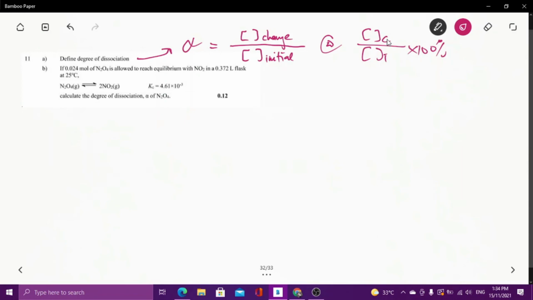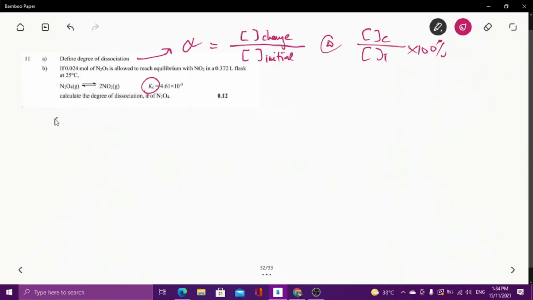So dalam soalan yang macam ni begini, kita akan cuba gunakan juga in terms of ice table, sebab kita nak dapatkan change tu berapa and initially tu dia dah berapa. Okay. So in initial dia dah bagi which is 0.024 mole, but we have to convert it into concentration lah because Kc yang diberikan dekat sini.